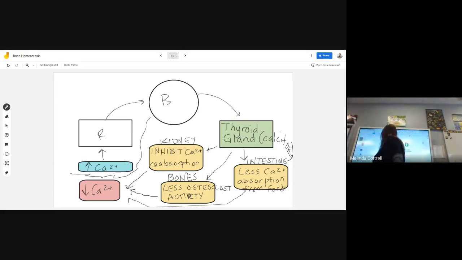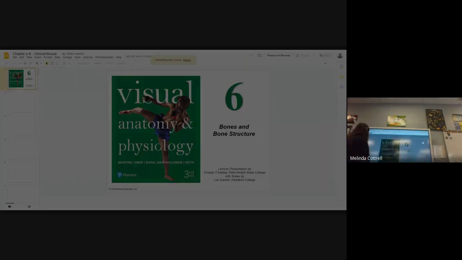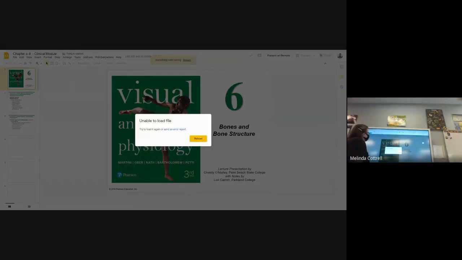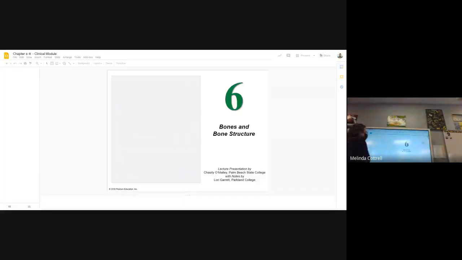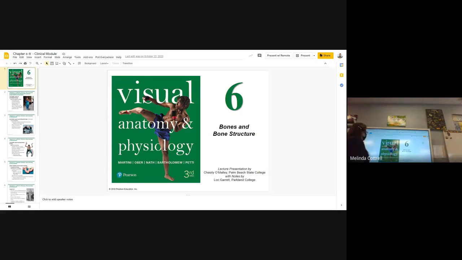Technology is not healthy. It's me. Okay, let me just show you some of the examples from the book here. Not having luck today. So growth hormone, this is the pituitary gland.